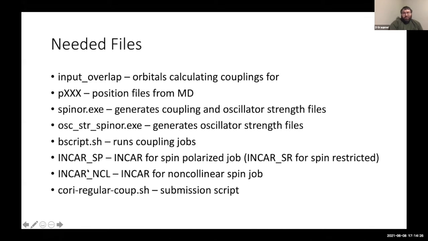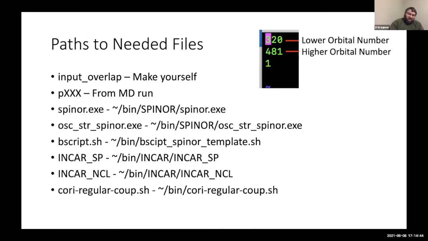The major difference with this one is that we need two INCAR files compared to the spin restricted or spin polarized. This is just a list of where you can find them. They're primarily in the bin, either directly in the bin or in the INCAR or spinor folder in the bin.